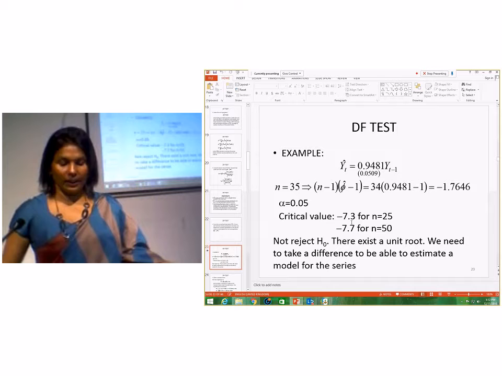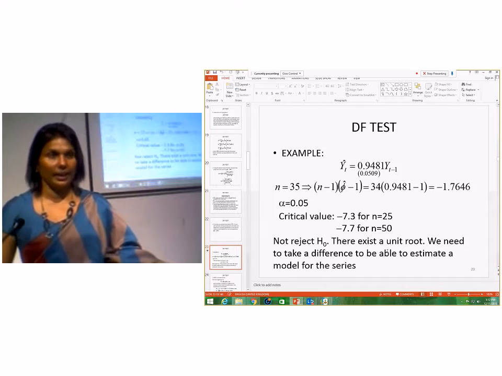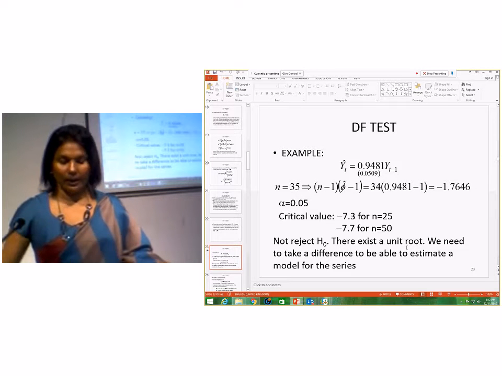Right? So if the test statistic of the Dickey-Fuller is below the critical value, with alpha 0.05, we reject our H0, which means there exists a unit root.